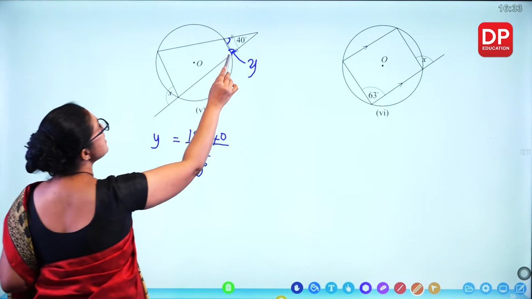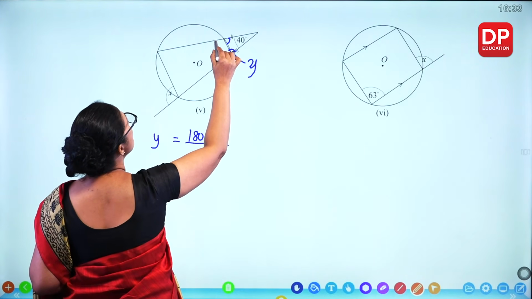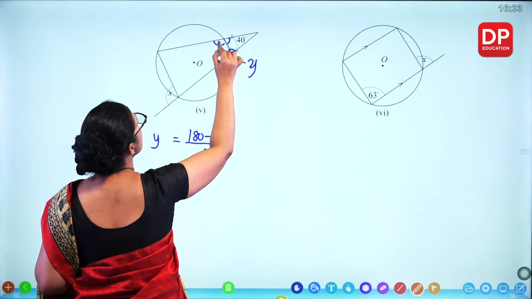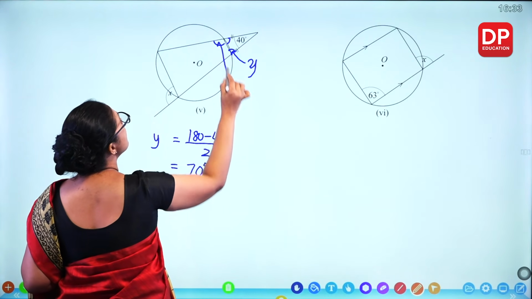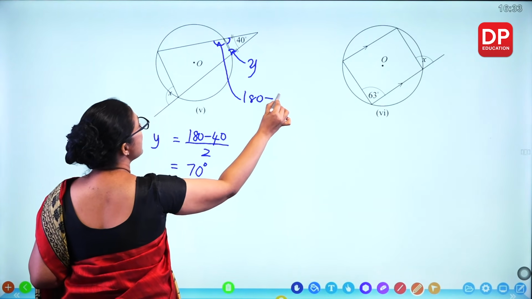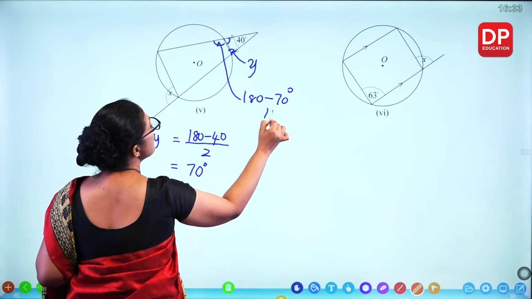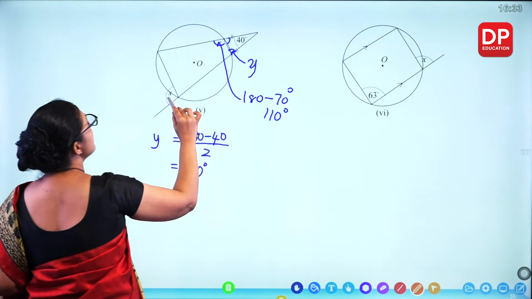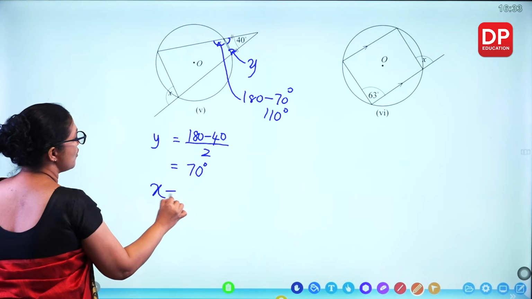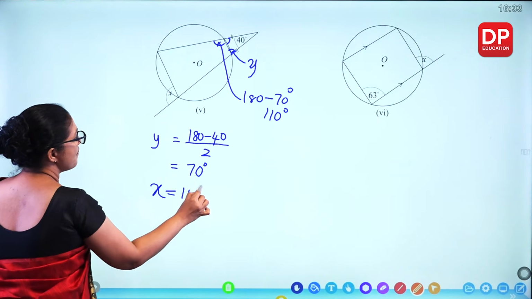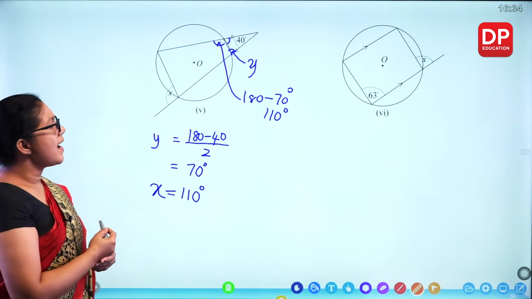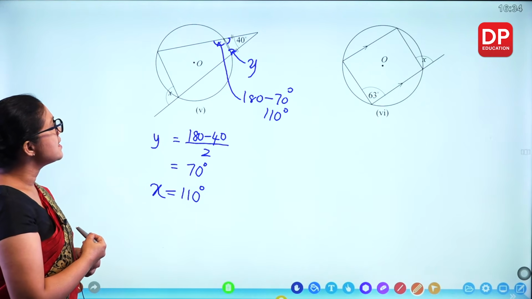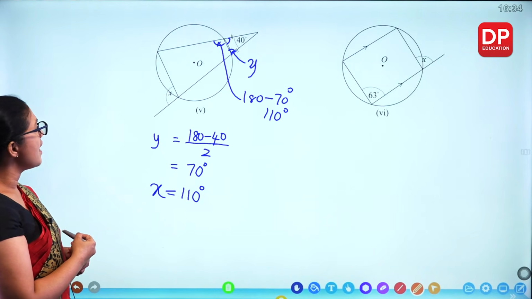So this is 70, this is 70. So what's this angle? This angle is 180 minus 70, you get 110. This angle and this angle both are equal because exterior angle is equal to opposite interior angle. That's 110.